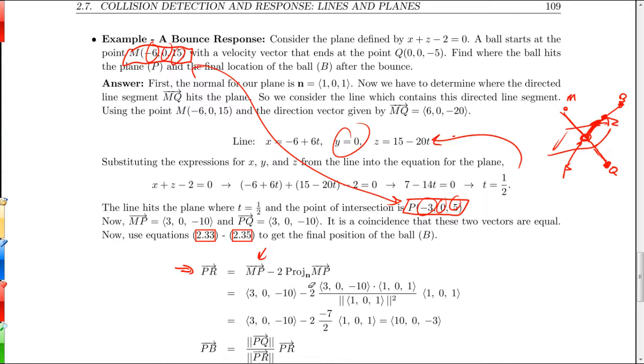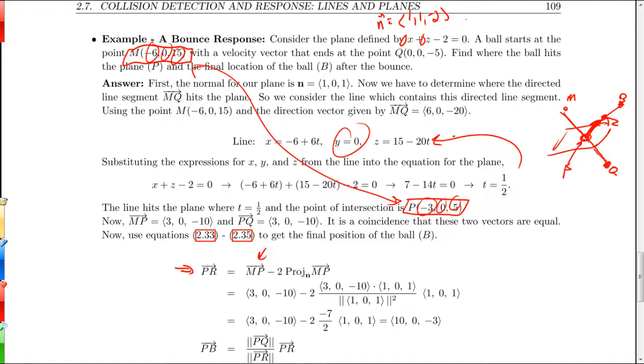I'm going to subtract 2 of these projections of MP onto N. But MP onto N, where is my N? Oh, N was the normal from the plane. So you have to get N, the normal to the plane, is 1, 1, negative 2. And remember, those are just staring at you in the equation.